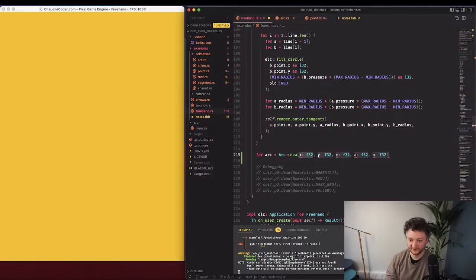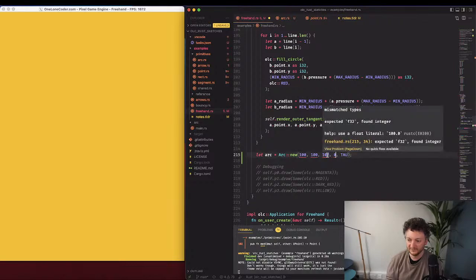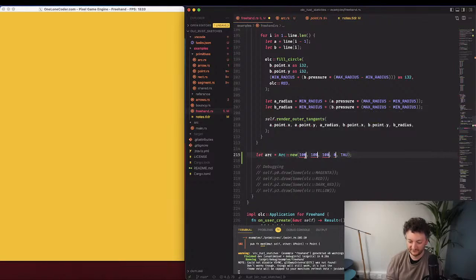Then we'll do this at 100, 100, 100, and we want this to be 0, and then let's say 1.25. So like half of. Well, let's say tau. All right. Oh, and these need to be floats. And then arc.draw.